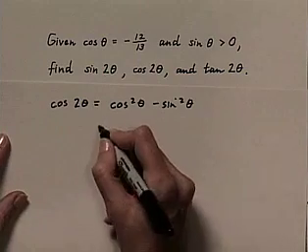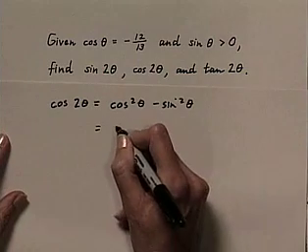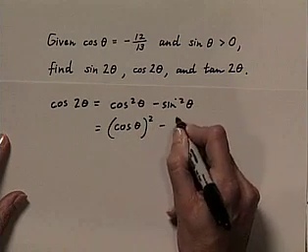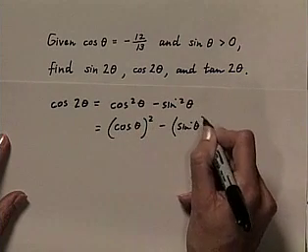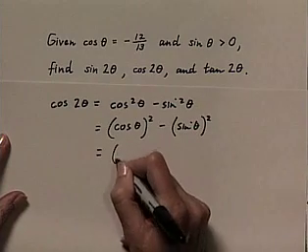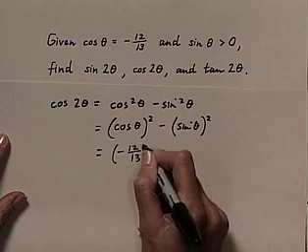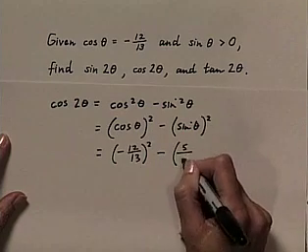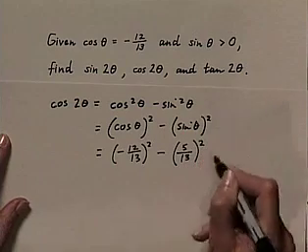Recall that we had 3 different formats for this particular double angle formula. Here, though, I can go ahead and substitute in values that are known. Remember, this means the cosine of theta squared minus the sine of theta squared. Substituting for cosine of theta gives us negative 12/13 squared minus 5/13 squared.